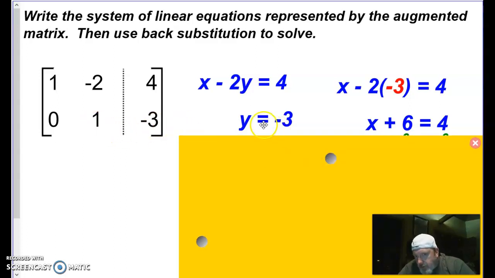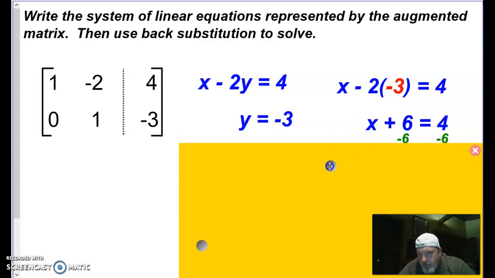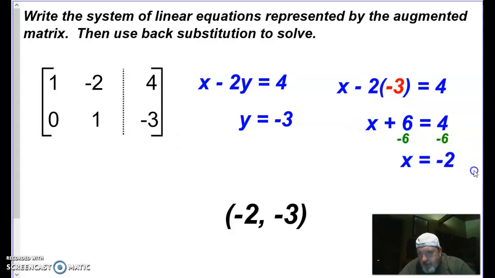That worked out really well because we already have y, and so now I can plug negative 3 into the top one for y right there, and that will allow me to solve for x, which is negative 2. So for this first equation, two equations, two variables, this one was already solved for y, so that was nice. We end up with negative 2, negative 3.